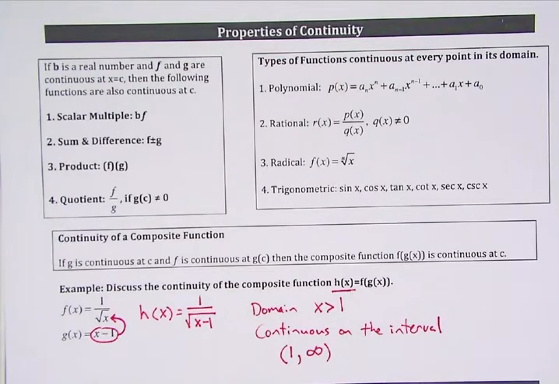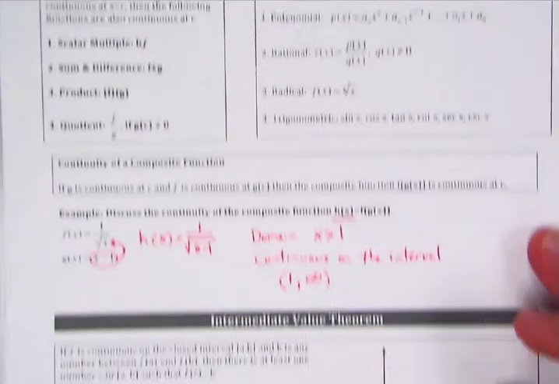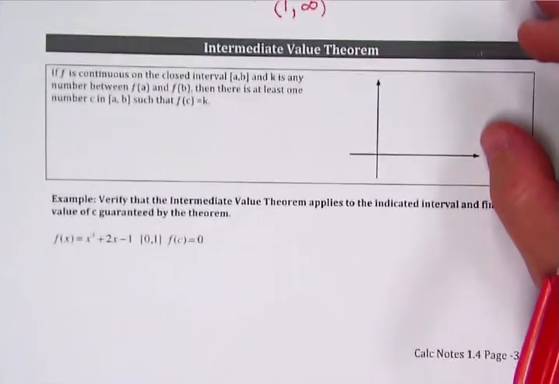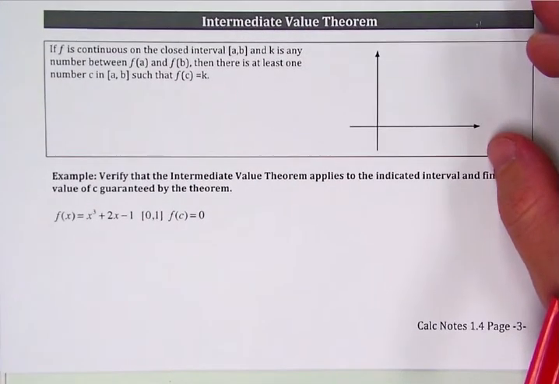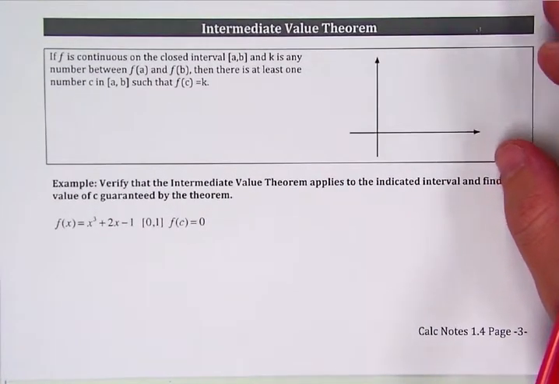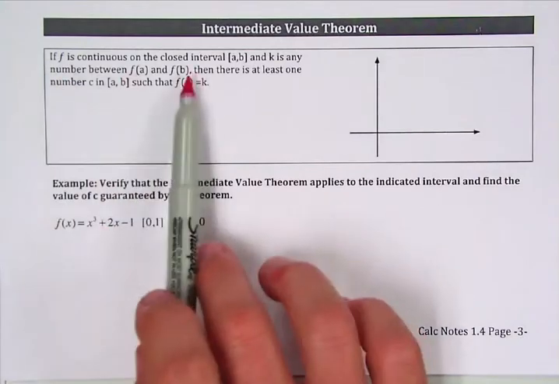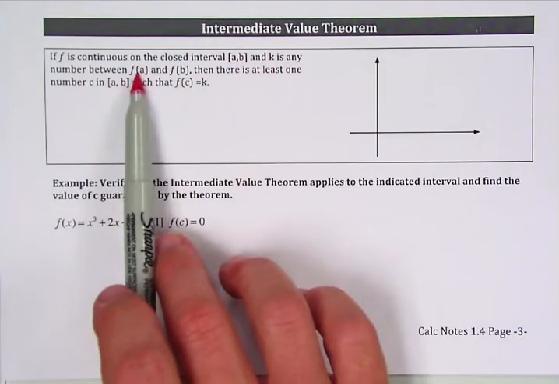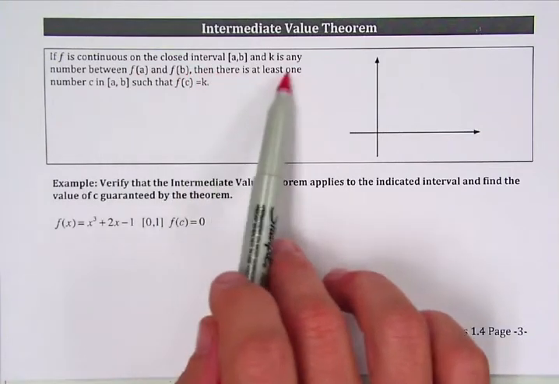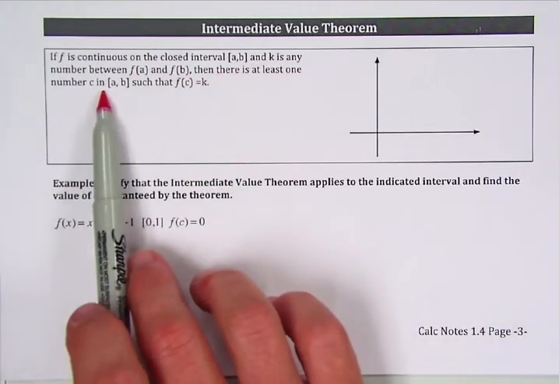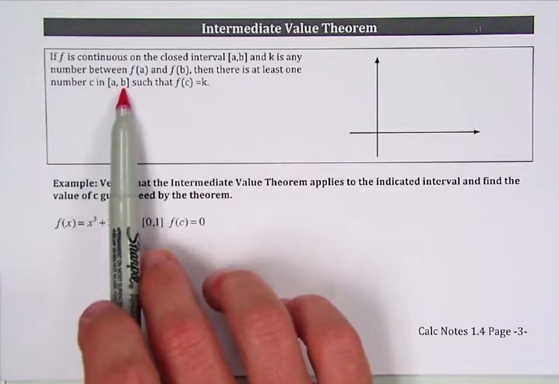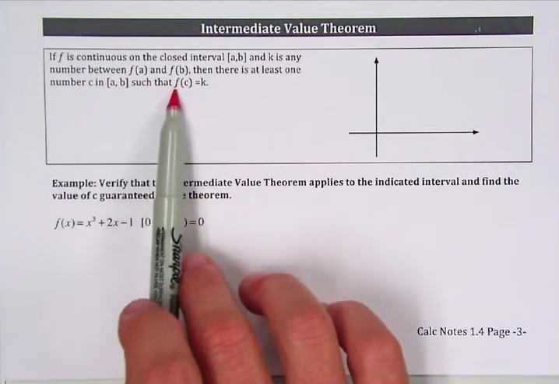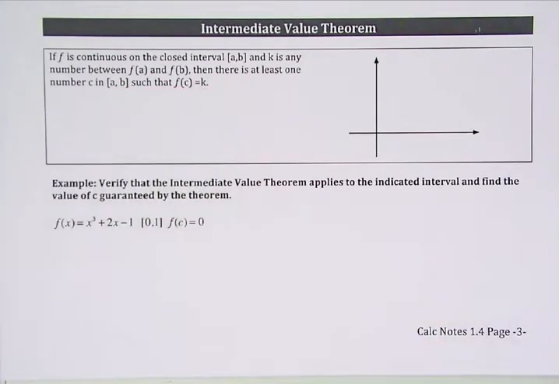All right, one last idea for today, something called the intermediate value theorem. And it states if f is continuous on the closed interval a to b, and k is any number between f of a and f of b, then there is at least one number c in the interval a to b such that f of c equals that k.